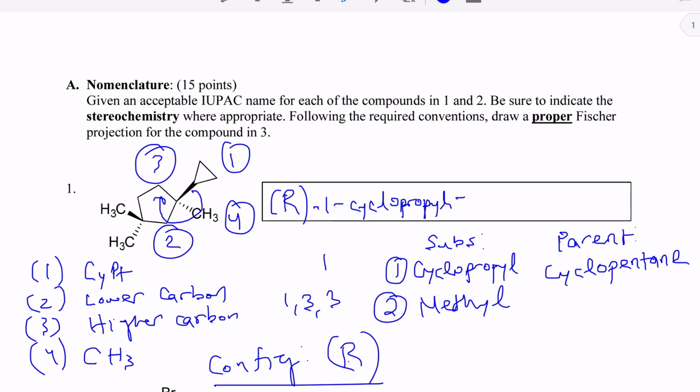And now we mention the 3 methyl groups, so 1, 3, 3, trimethyl, I might run out of space, cyclopentane. The dash was just because I was running out of space. But that is what we get for our final answer.